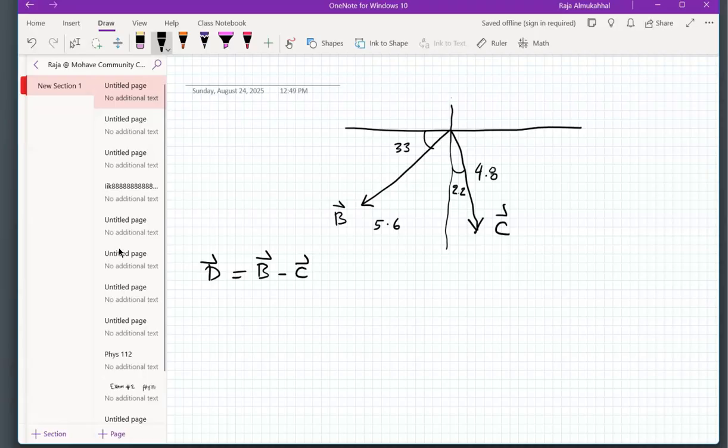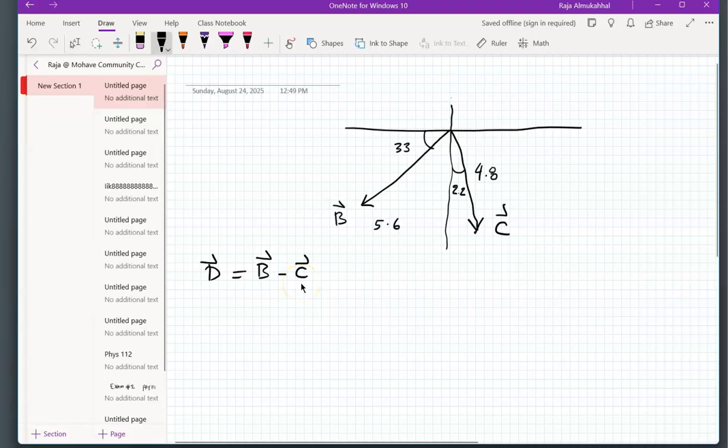Whatever the combination of this D, all you need to do is the following. If I have a vector D like this one here, and it is equal to B minus C, what that means is that the x component of D will be equal to the x component of B minus the x component of C. And the y component of D will be equal to the y component of B minus the y component of C. Do you see what I'm saying?